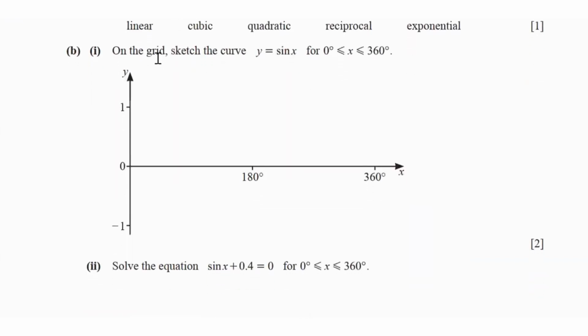Part B1 says on the grid, sketch the curve y equals sine x for x greater than or equal to 0 and less than or equal to 360. So for this, remember that the sine x graph has a maximum value of 1 and a minimum value of -1. So it's going to be like this, like this.